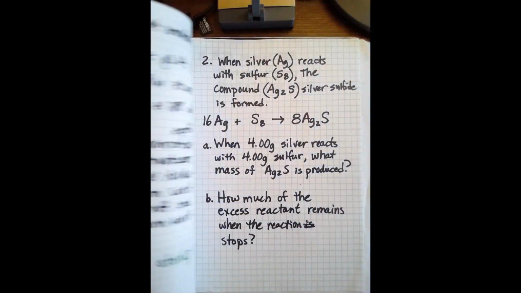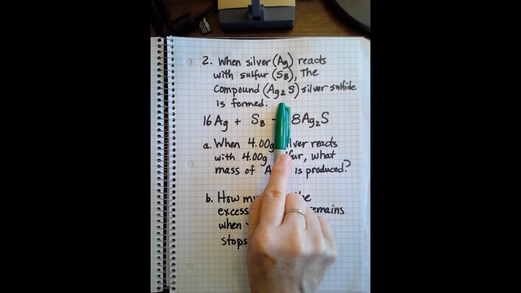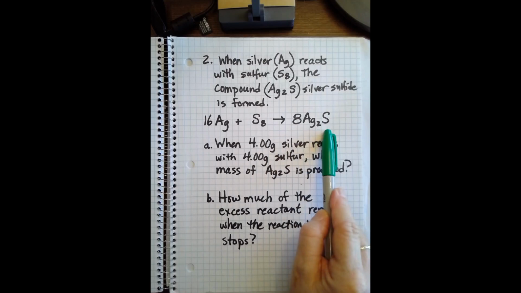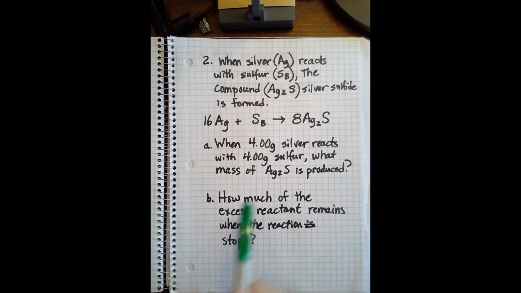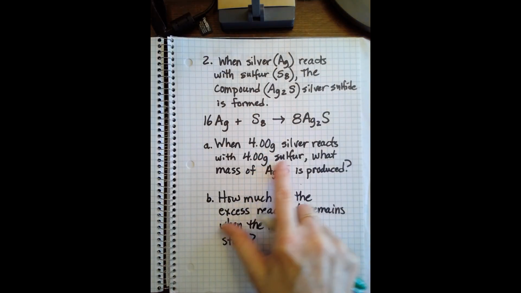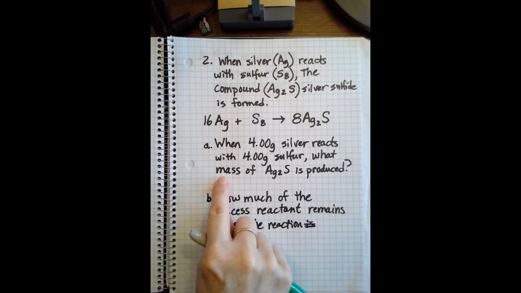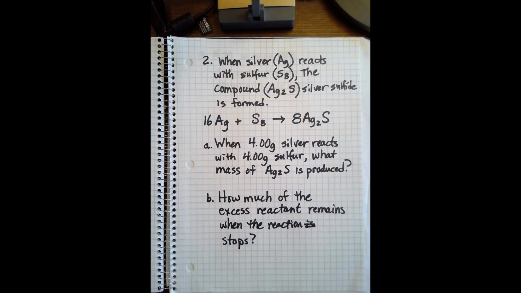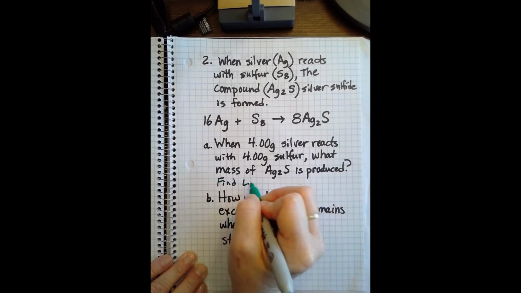The second assignment is this. When silver reacts with sulfur, the compound silver sulfide is formed. And here is your balanced equation. Again, your balanced equation must be in your work. So here are the 2 things for you to do. When 4 grams of silver reacts with 4 grams of sulfur, what mass is produced? Now, this means you have to find the limiting reactant.